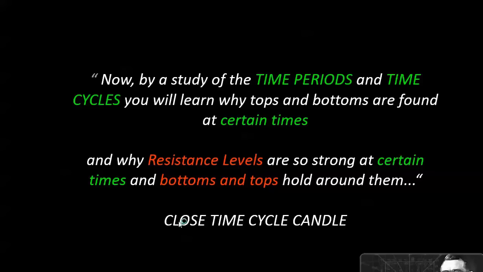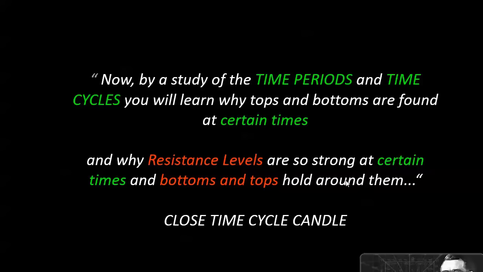So here's one of my favorite William Delbert Gann quotes, Forecasting by Time Cycles course quote. By a study of the time periods and time cycles, you will learn why tops and bottoms are found at certain times. There's the emphasis on times. Now watch. And why resistance levels are so strong at certain times and bottoms and tops hold around them.